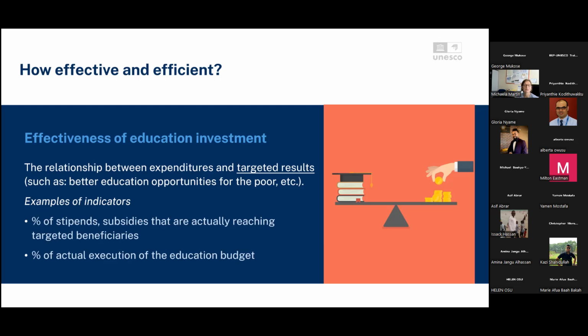In other words, with our resource allocation, do we achieve our targeted results? And targeted results can be, of course, the number of places available or number of children enrolled. And that's what we have been pursuing with UPE, for instance, at the primary education level. The target was to bring all the kids into school.